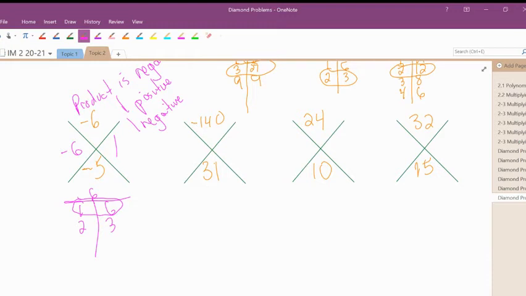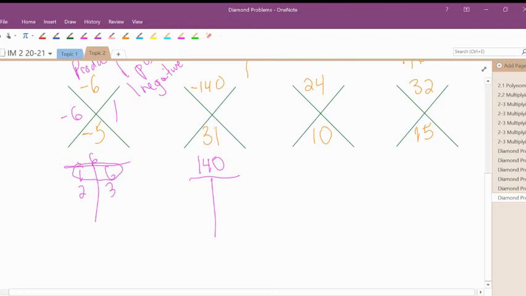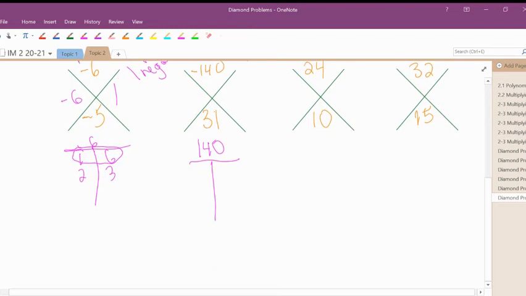Negative 140 and 31. I don't know how to do this. So bust out our table, bust out your calculator. No harm in using that. So again, the product is negative, so they're going to add up to positive 31, but one's going to be negative. We know 1 goes into it.